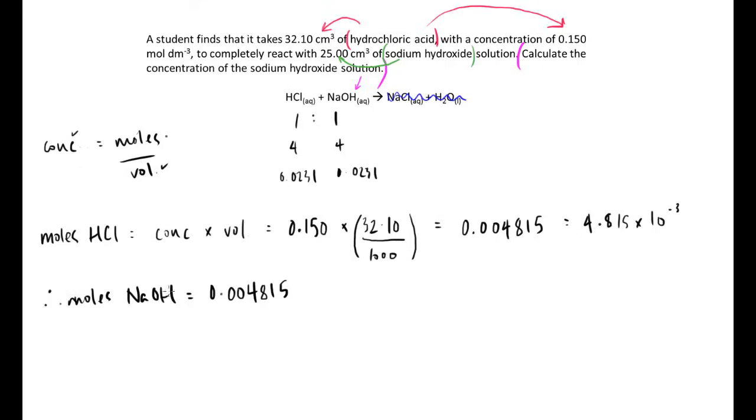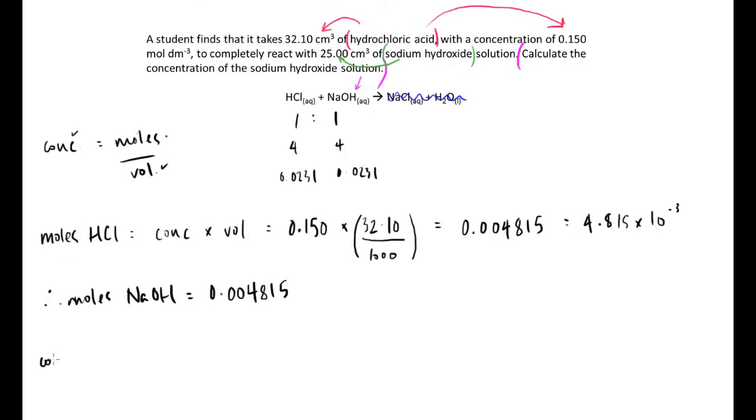So my moles of sodium hydroxide in this case are equal. If we were dealing with a 1 to 2 ratio, this would be doubled to give me the thing it was reacting with. In this case, it is not, so I'm not doing that. If this was a 2 to 1 ratio, I would halve this to give me this number. Now, sodium hydroxide moles 0.004815. I know a volume of sodium hydroxide, therefore I know my moles, I know my volume.